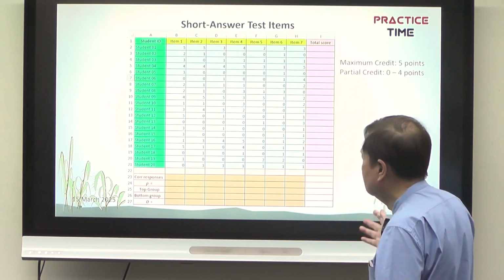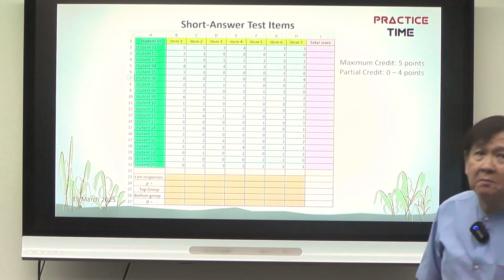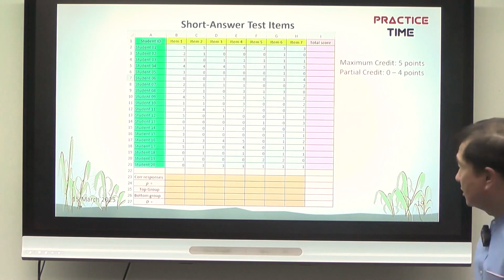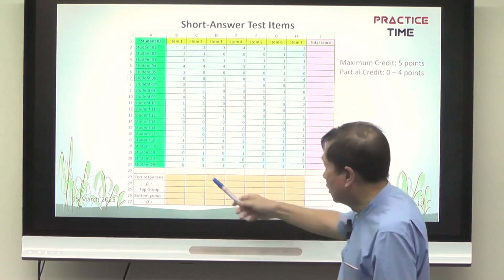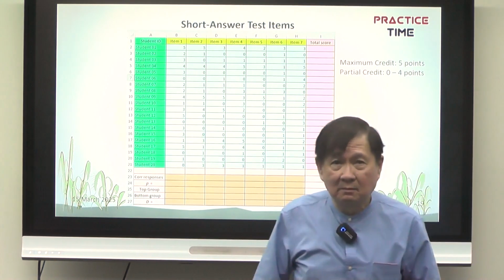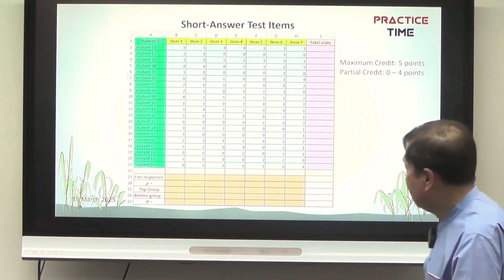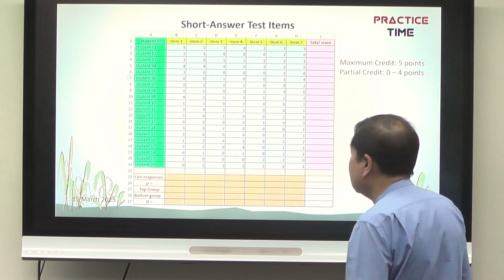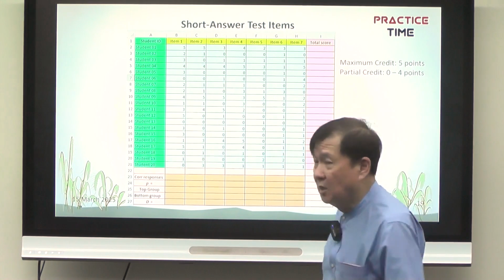So, how do you do? This one is the same, by the way. Can you just sum up the total number of correct responses? Right? How many of them? Then you divide it by 20. Again, it's the same thing, and you get the answers.